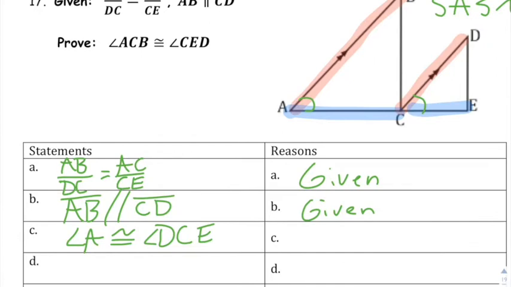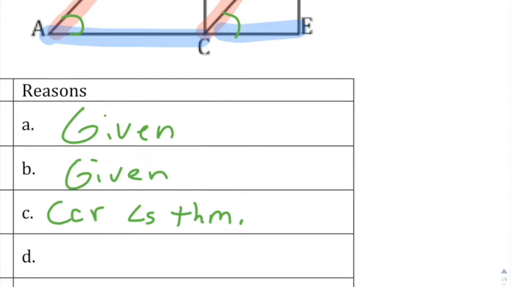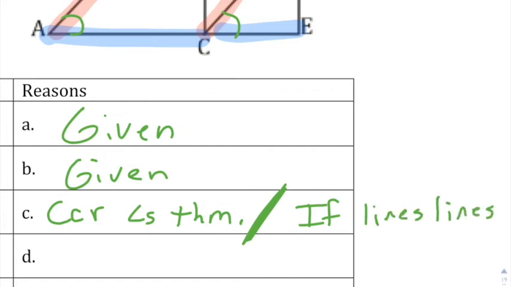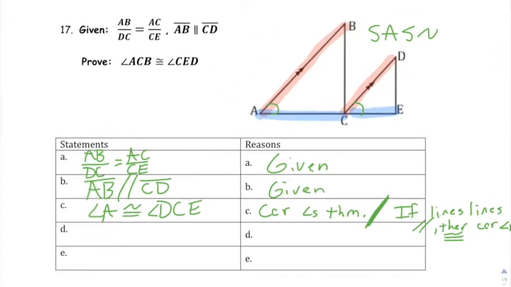We can say that is the corresponding angles theorem. Or if your teacher tells you to write out the full conditional statement, we can say if lines are parallel, then corresponding angles are congruent. So just depending on your teacher, either one of those.